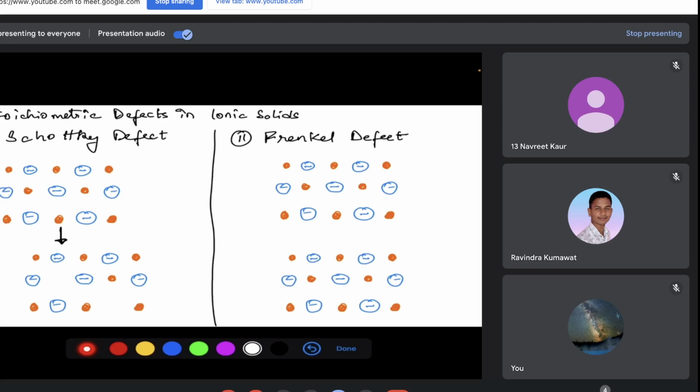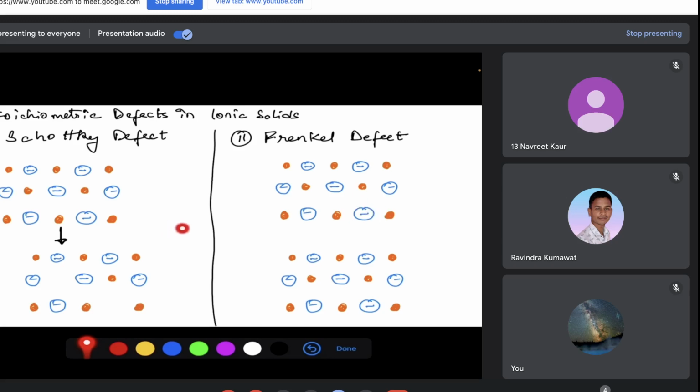Now, to understand the Frenkel defect: the Frenkel defect occurs in a crystal when an ion leaves its regular site and occupies an interstitial site. Here the ion is not leaving the whole crystal, but it is occupying the interstitial site. This defect is termed the Frenkel defect.